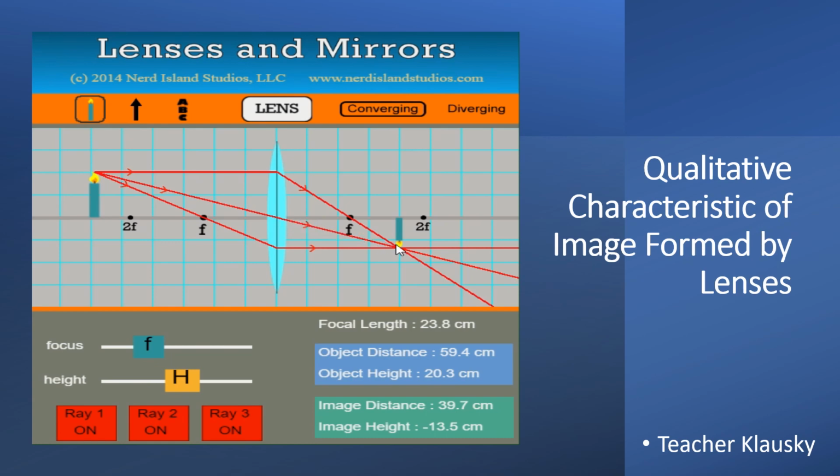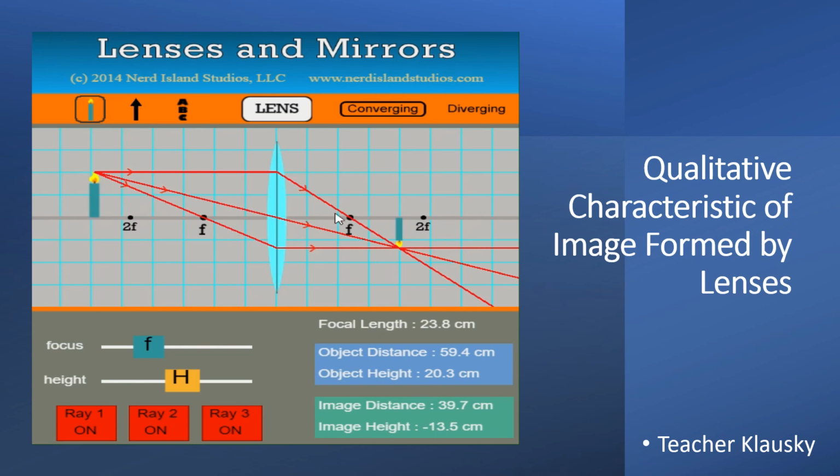As you can see, the three rays intersect or meet. The meeting of the three rays will be the location of the image. So if the object location is beyond 2F, the image location will be between the focal point and 2F, or twice the focal point on the second surface, on the right side of the lens.